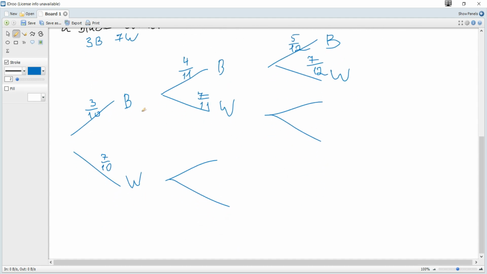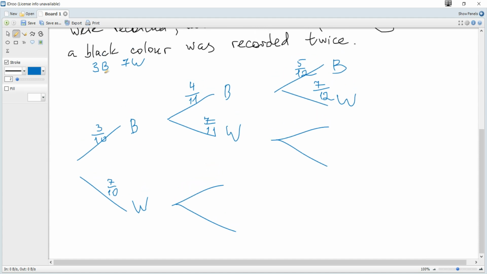And if it's black, white, according to this black, 1 black is added, so there are 4 black and 7 white.